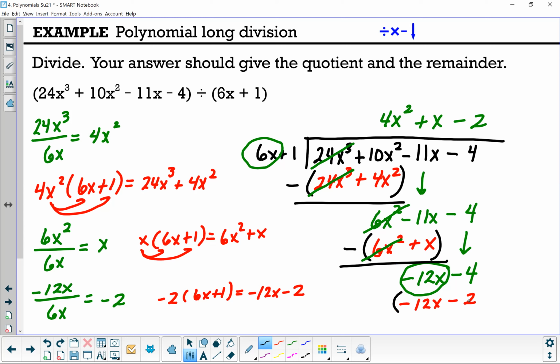Subtract. Negative 12x minus negative 12x is the same as saying negative 12x plus 12x. That is eliminated. Negative 4 minus negative 2 is the same as saying negative 4 plus 2. So we're left with a negative 2. And that is our remainder.